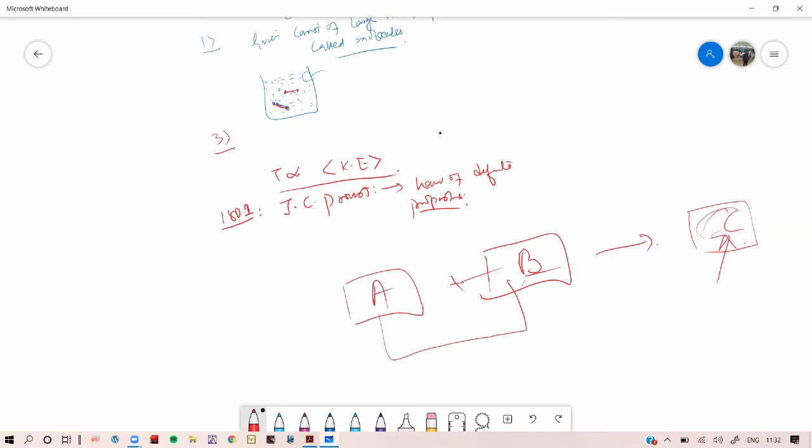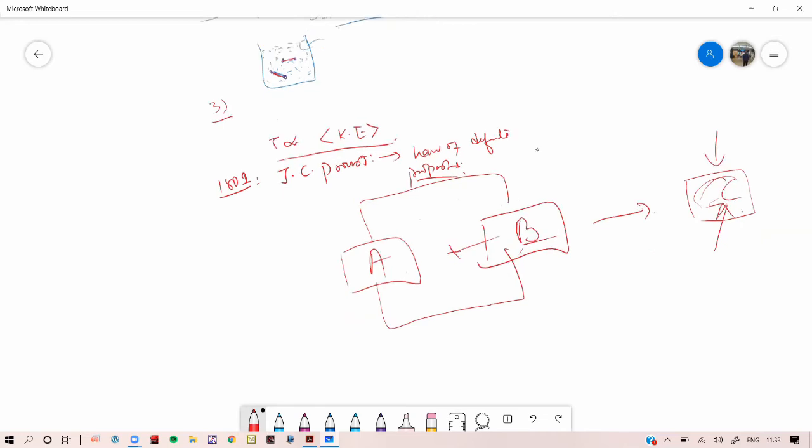So there was a definite proportion of A and B in this C, and the combined gas mixture contains a number of particles or molecules as integers. This was one of the concepts from this law.